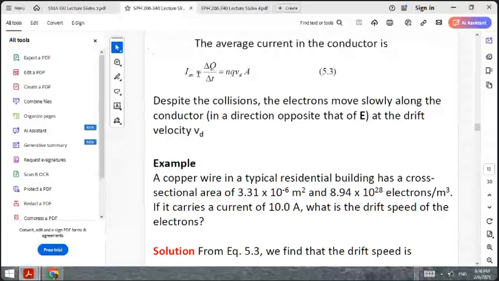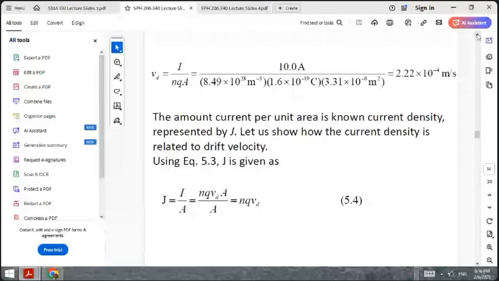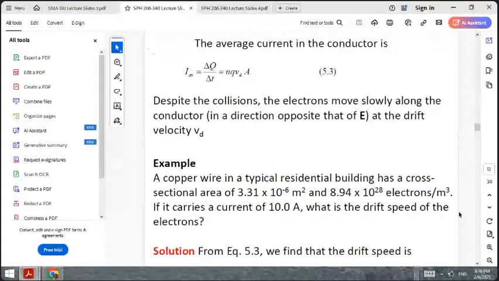When we divide by delta t, this cancels out and we remain with n A v q. That is the current.